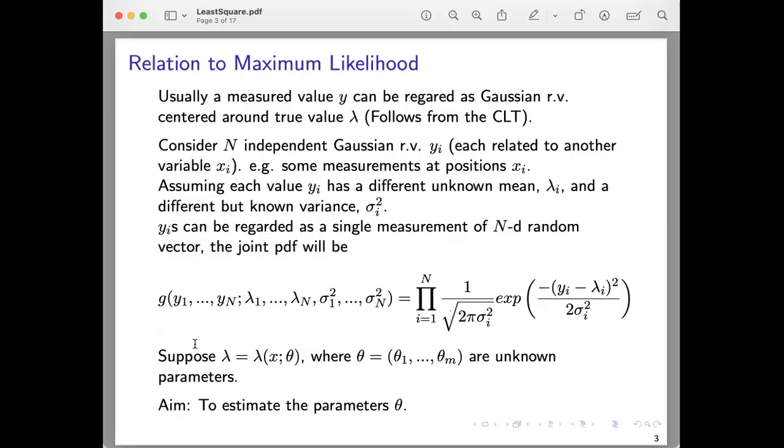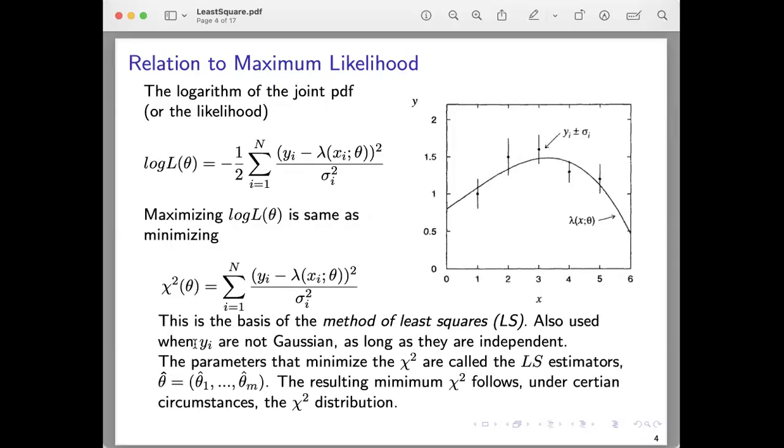Now imagine that lambda is a function of some parameters theta, theta 1 to theta n, some n parameters which are unknown. Our aim is to estimate the parameters theta. We can try to do it the same way as we did the likelihood method. This is the joint PDF, so we can write it as our likelihood function, which depends on theta, and maximize it with respect to theta.